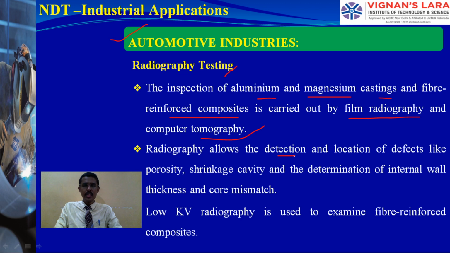Radiography allows detection and location of defects, all subsurface defects are possible, and surface too. So porosity, shrinkage cavities, and determination of internal wall thicknesses, internal defects, mismatching of materials, everything you can find through this radiographic testing process. Low kilovolt radiography is used to examine fiber reinforced composites.